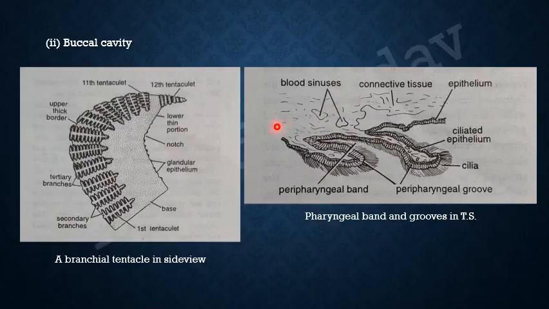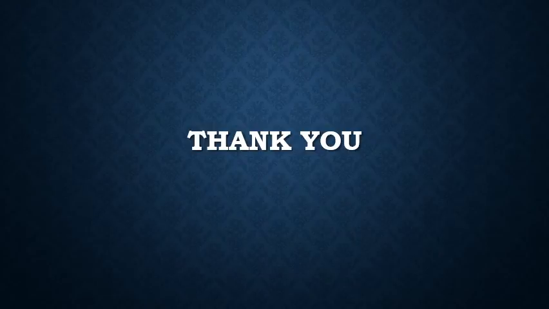There is a connective tissue in which lie the blood sinuses, and this is the ciliated epithelium, and the epithelium bears large cilia. That's why it's called ciliated epithelium. So this is the structure of the buccal cavity and peripharyngeal band.